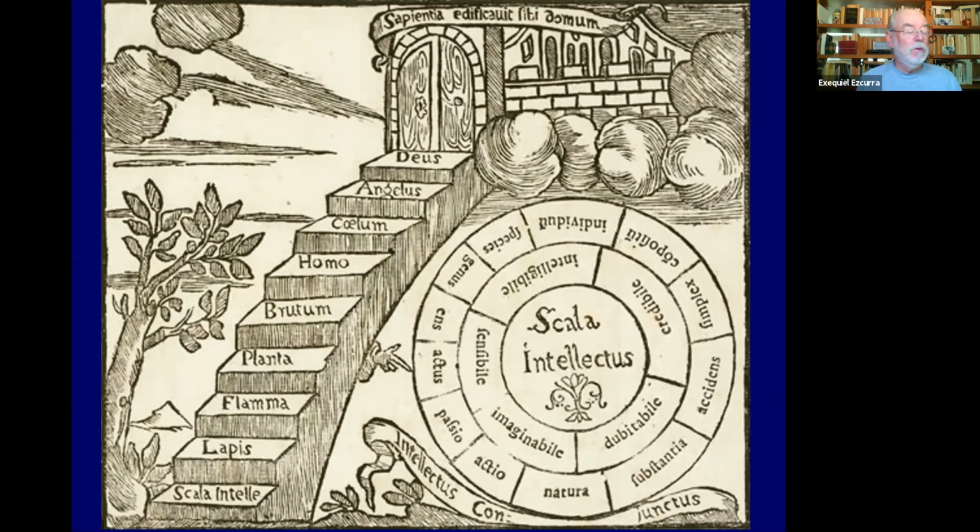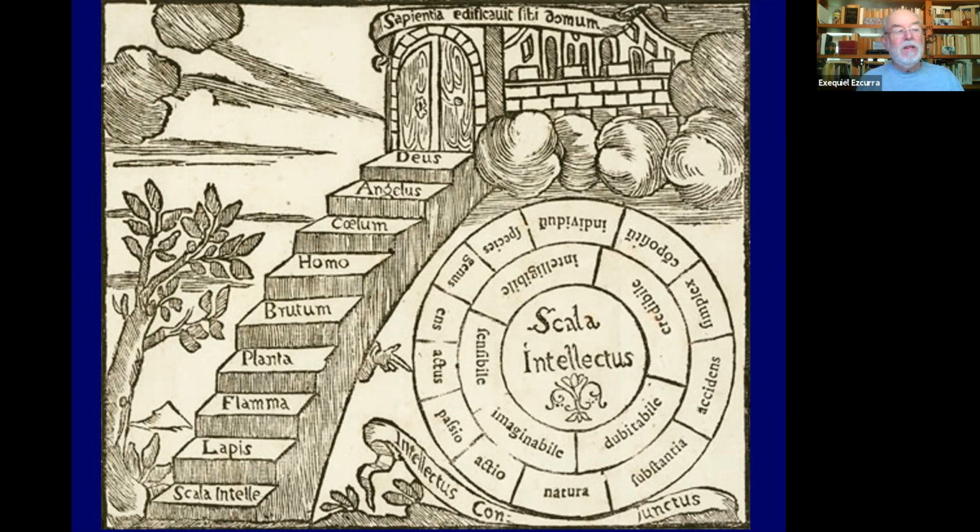So you have lapis, which is stones, at the base of the scale, minerals, then flame, because flames in some way move, in another step of the scale, then plants, then brutum, meaning animals, then homo, meaning human beings, and then the sky, the angels, and God.